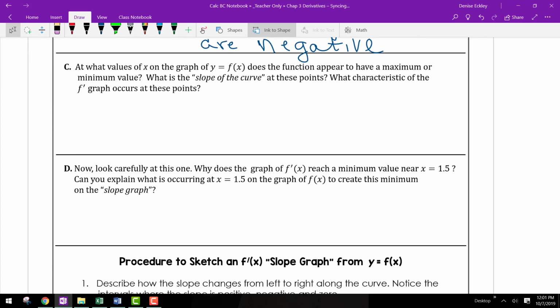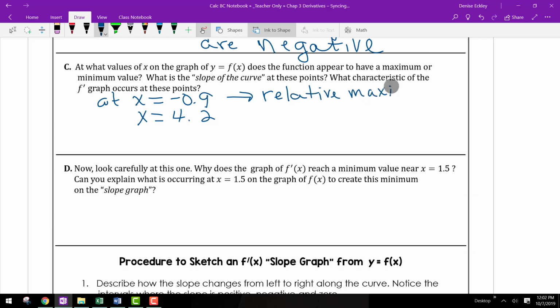So at what x values? These are specific x values. So you would want to say at x equals -0.9, and at x equals 4.2. And at -0.9, we have a relative maximum, and at 4.2, we have a relative minimum.